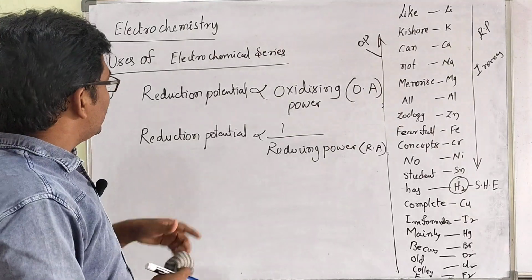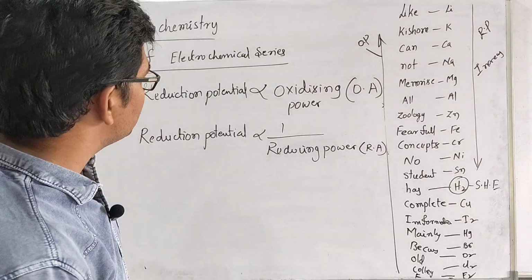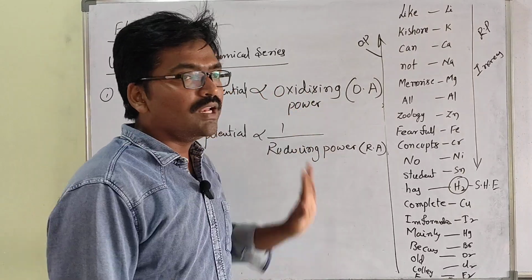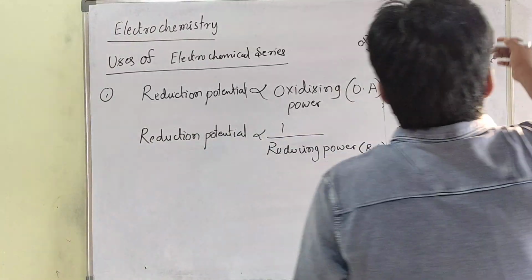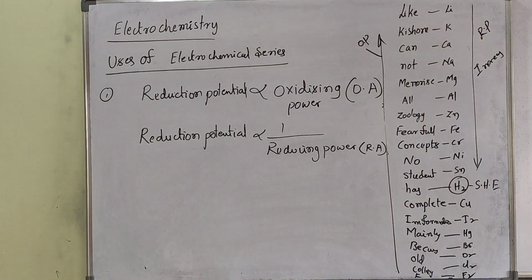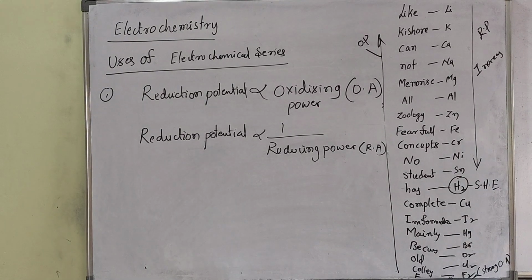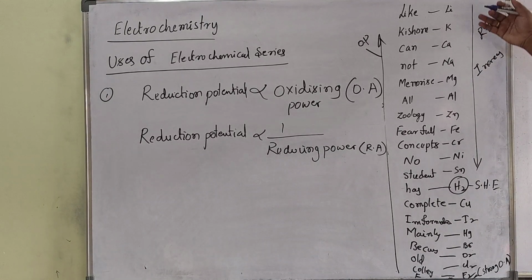Understand? So as reduction potential values increase, oxidizing power increases. For example, from top to bottom, reduction potential values increase. F2, if you take it, is a strong oxidizing agent. Fluorine is a strong oxidizing agent, because top to bottom reduction potential values increase, so fluorine has a high reduction potential value.